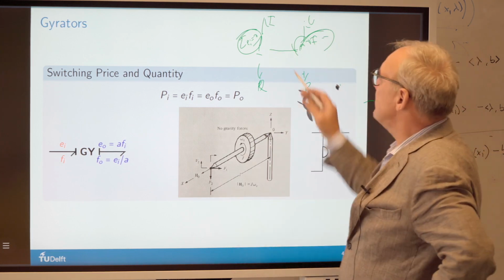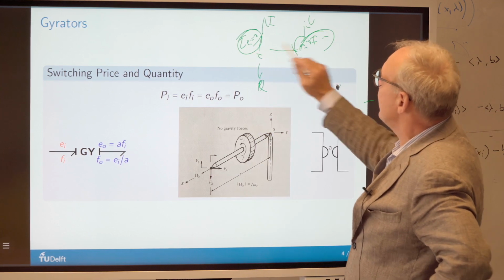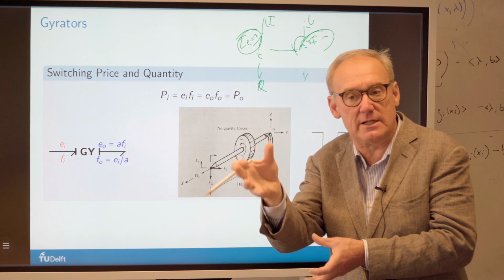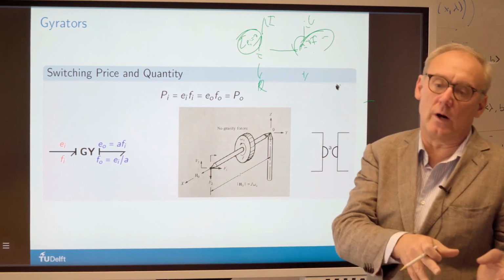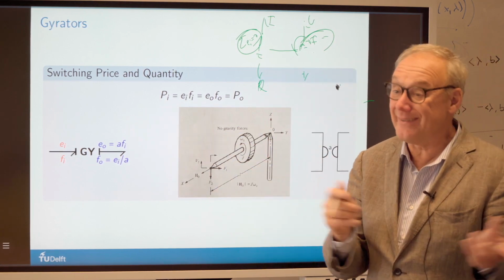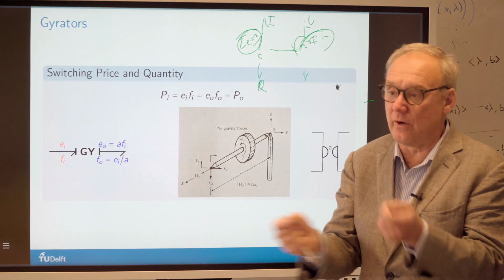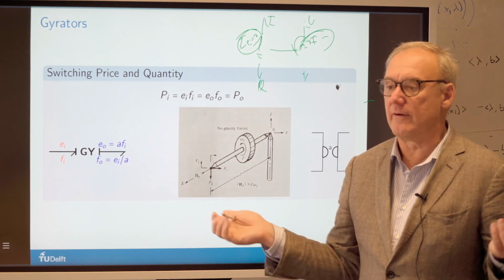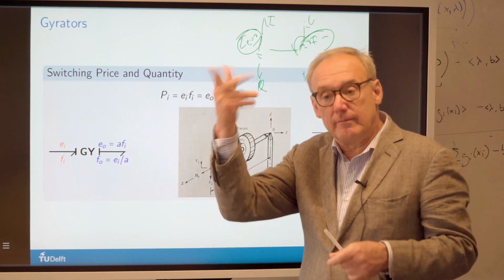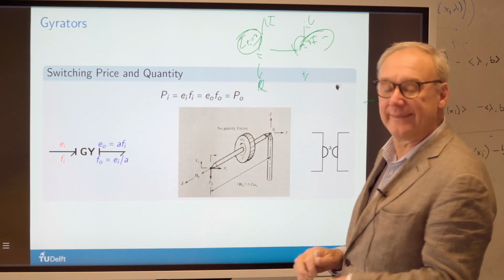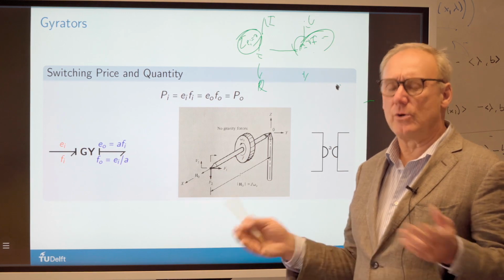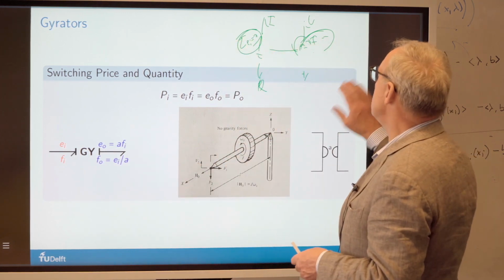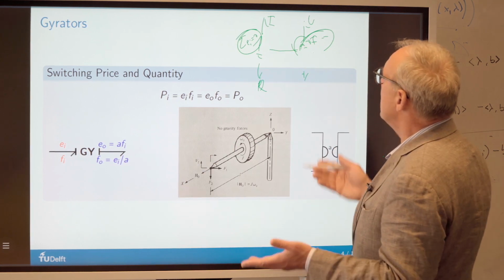So what I like to do in my head is gyrate sometimes between the description of the 0 junction with the C element and the 1 junction with an I element, because they switch the roles of the effort and flow variables, and otherwise are the same. So you can view them as kind of the same thing, but with a little gyrator in between. I also believe that's the origin of these two different analogs.